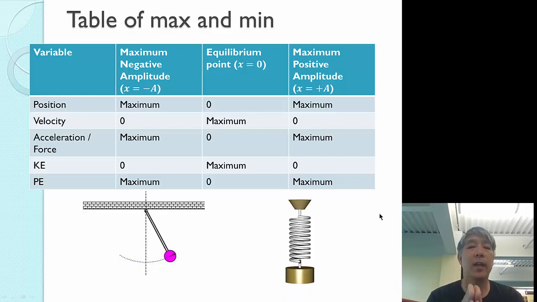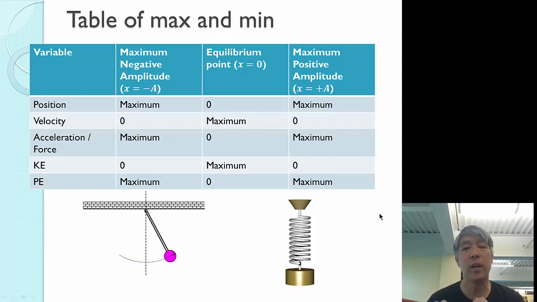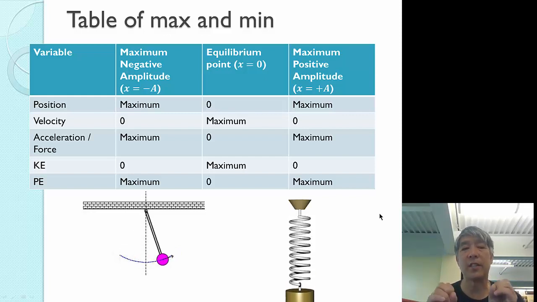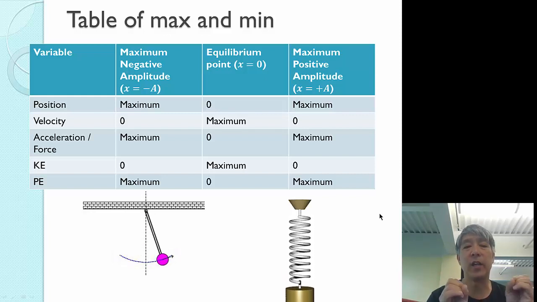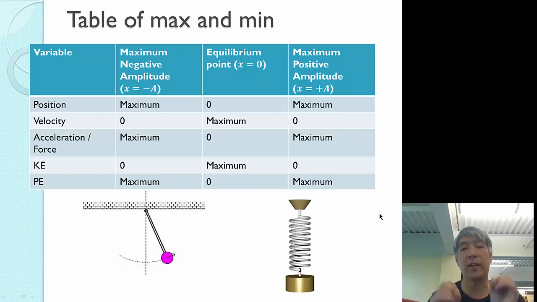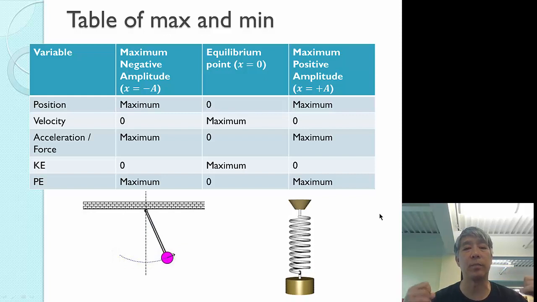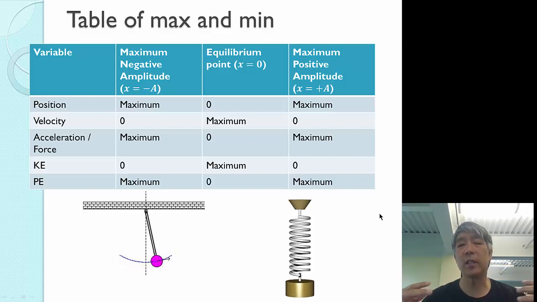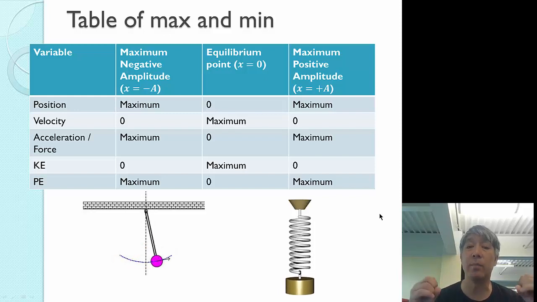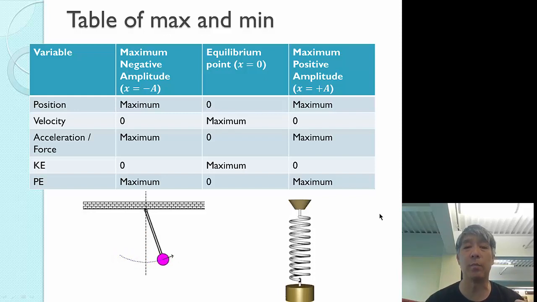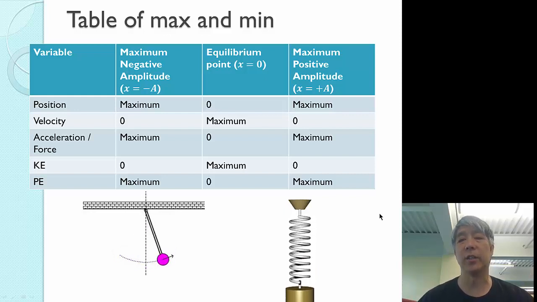Kinetic energy, the formula is 1/2 m v squared, velocity squared, so it'll have the same line as the velocity line. And for the potential energy of a spring, it's 1/2 k x squared, so it'll have the same line as your position. Or you can simply remember that since kinetic energy and potential energy must add up to the same number, my potential energy will be the opposite line to the kinetic energy.